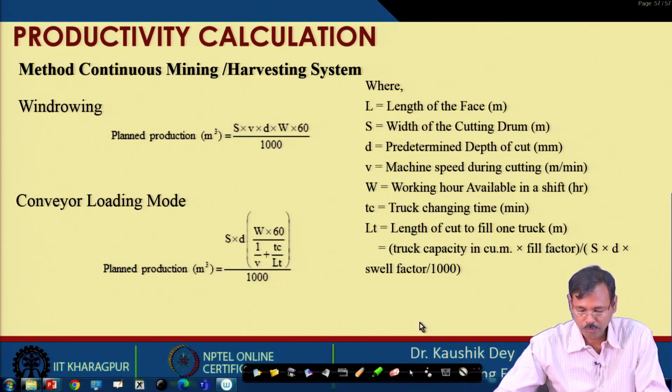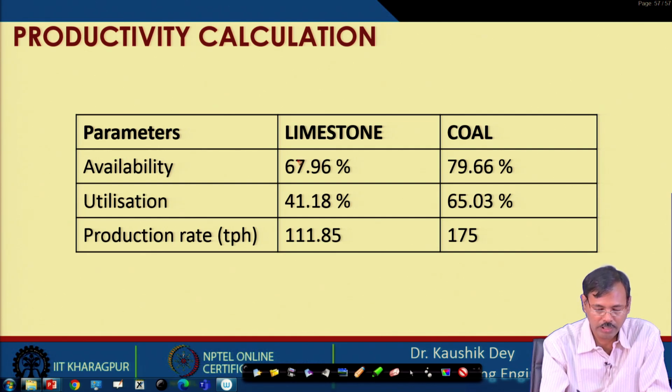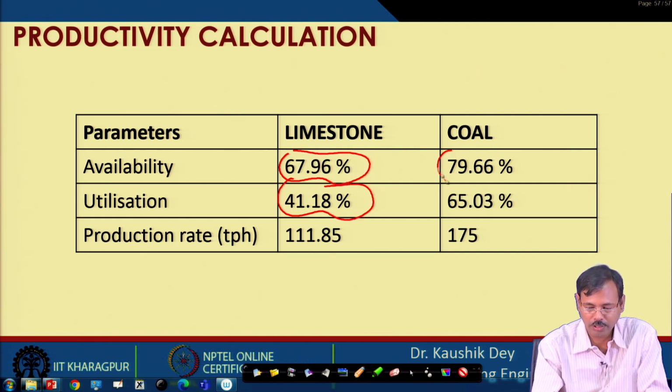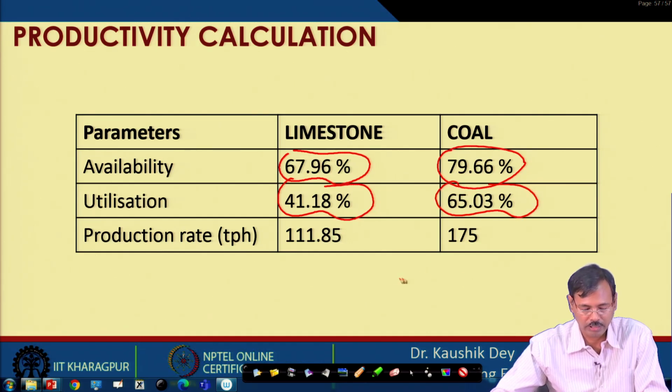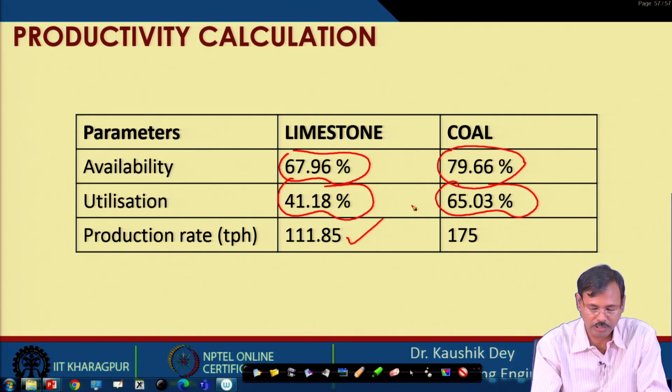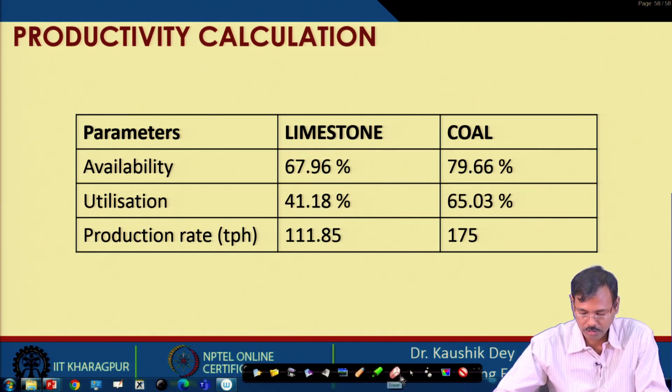Let us just have one small exercise here. This is one calculation. If you look into this, for a particular case, the availability and utilization of the surface miners for coal and limestones for Indian cases are considered here, and these are the tons of production for coal and limestone.